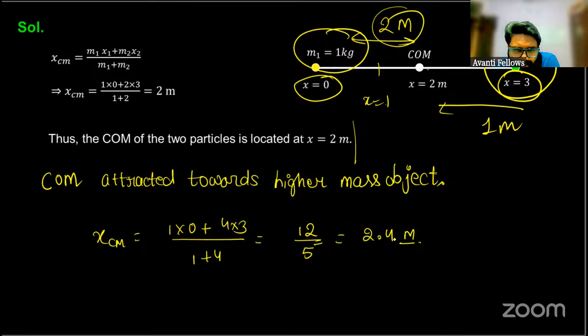Clear? I think I have made some mistake here. अच्छा, x equals 3 पे है, mass 2 is 4 kg, 4 3 is 12, 1 plus 4 is 5. हाँ, 12 by 5 is 2.4 meter.